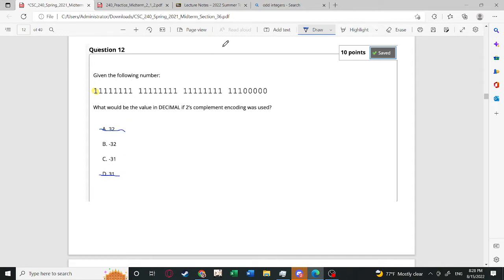And then you focus on the last few, because these all turn to zeros, so this also turns to zeros. This one is 1, 1, 1, 1, 1, minus 1. So it's negative 0.